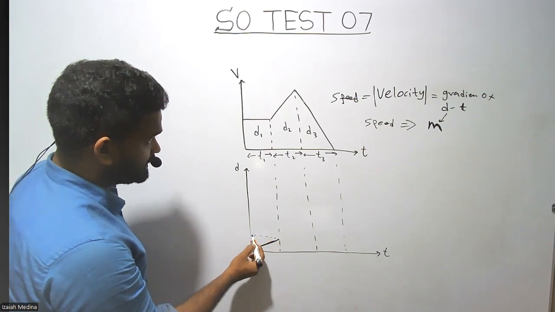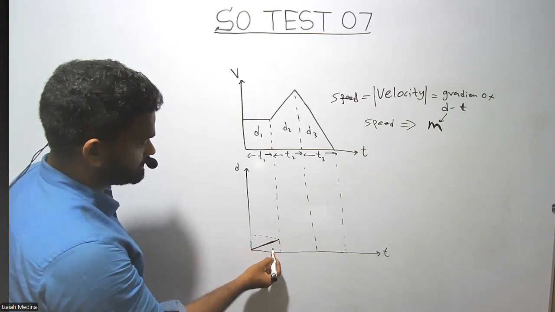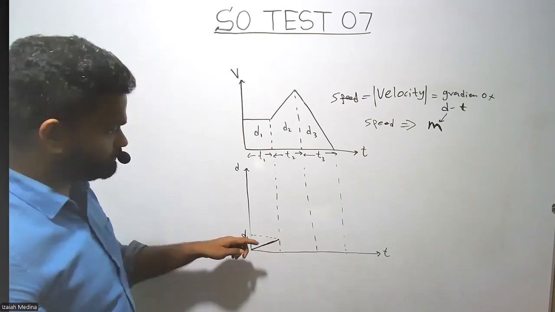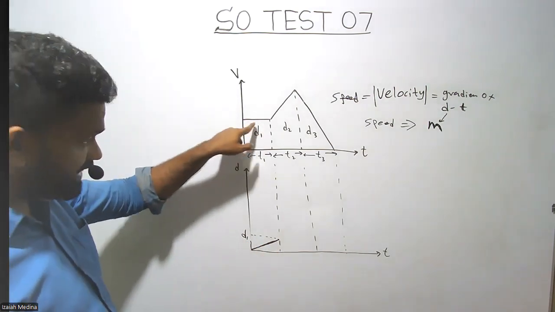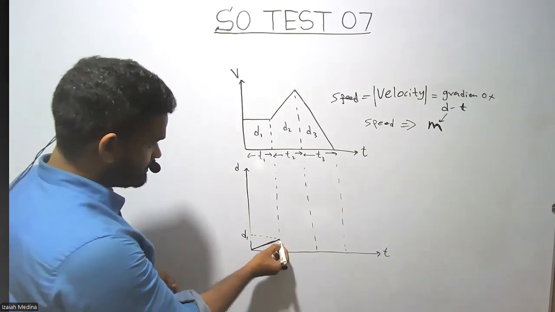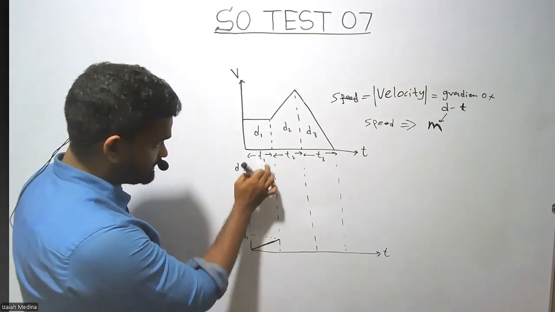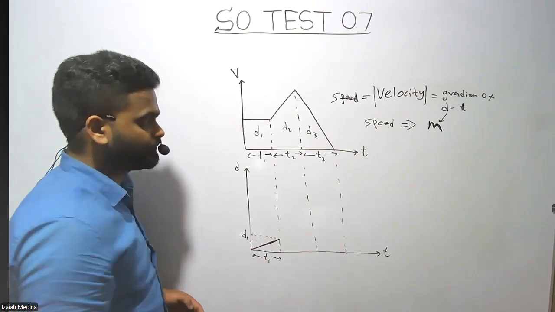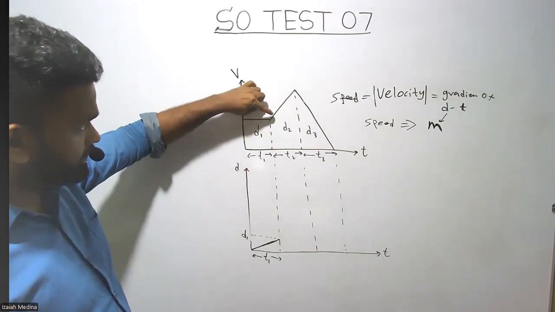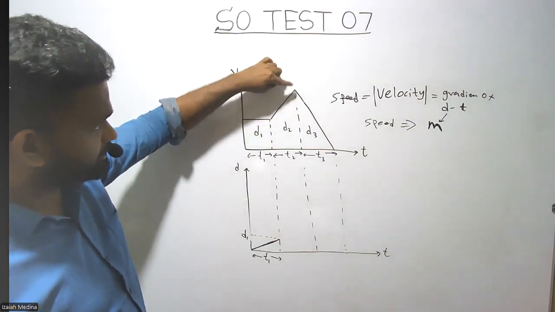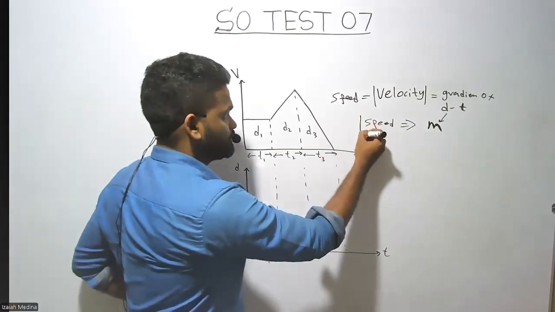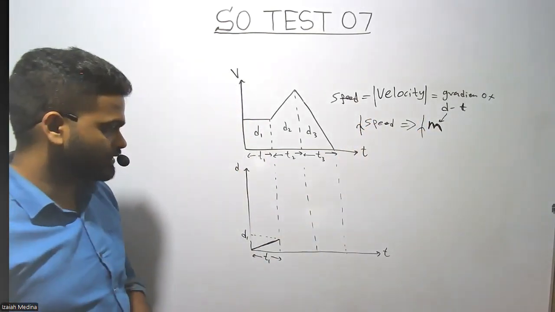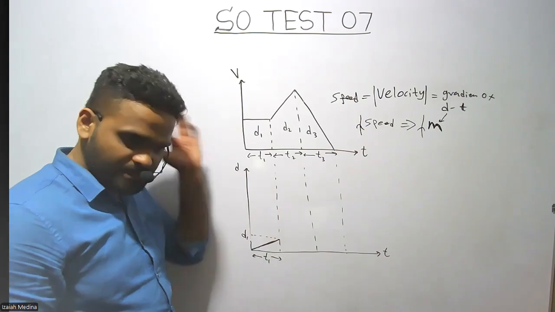So once you complete here, it has reached D1. See, this area is D1. So the distance it has traveled after the T1 time period is D1. Then speed increases, so the gradient should also be increasing. So it doesn't remain constant.